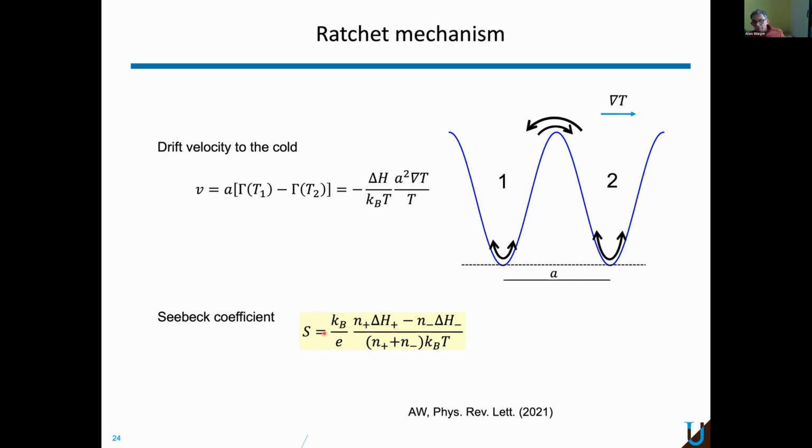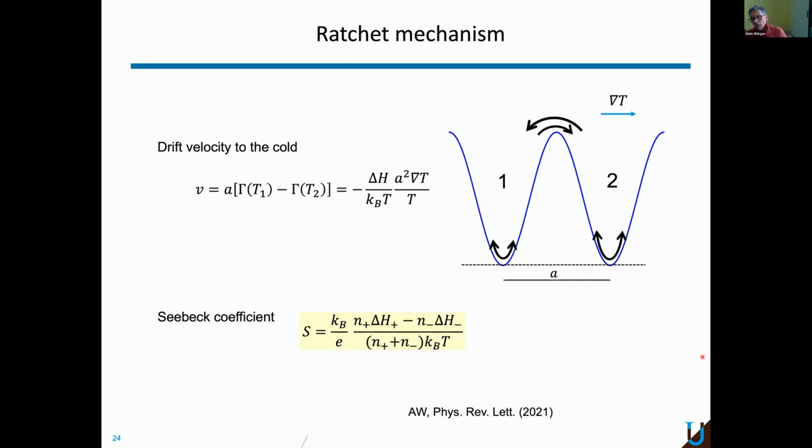One finds readily the Seebeck coefficient, which is again given by this prefactor kB over e I talked about, and then by the enthalpy barriers of cations and anions, and by the concentrations of cations and anions. In many systems this is the same, so all these additional factors are just 1 over 2 and they disappear, but they may also be different from each other.